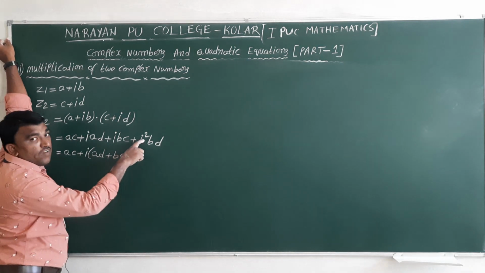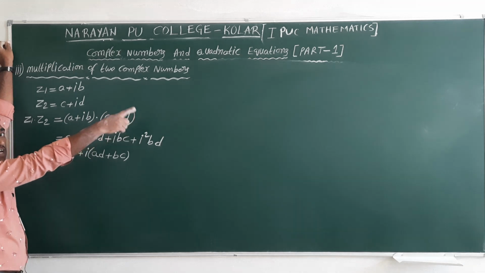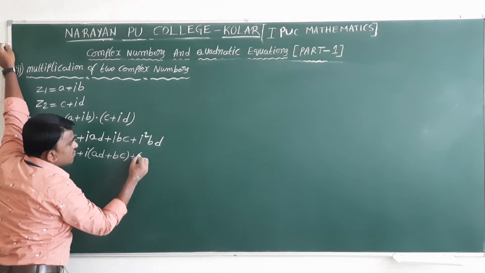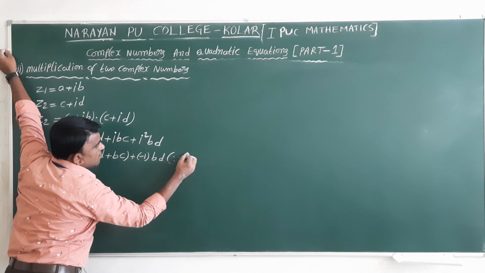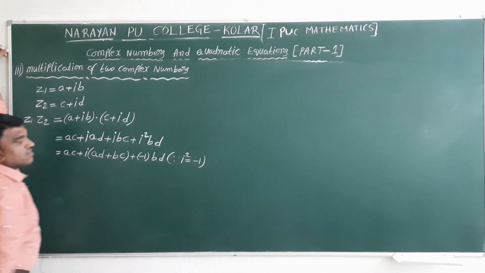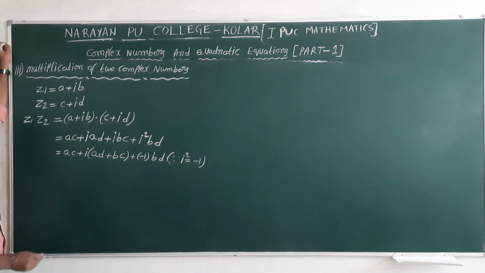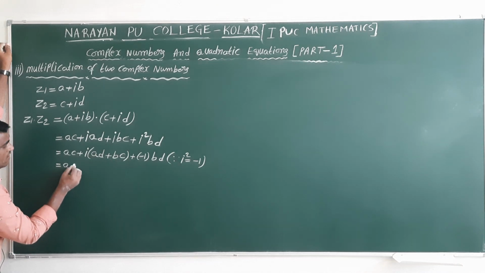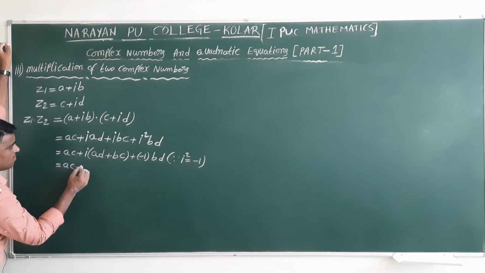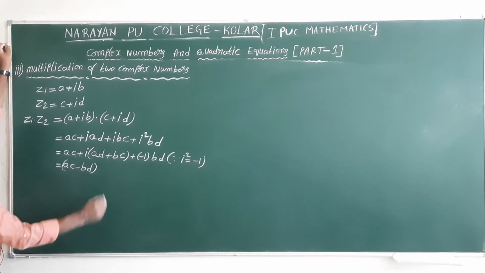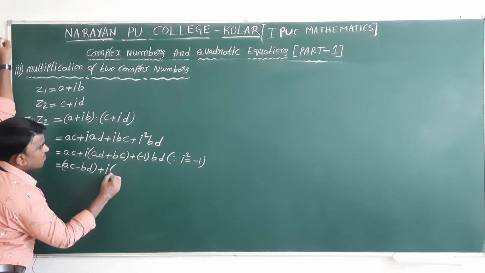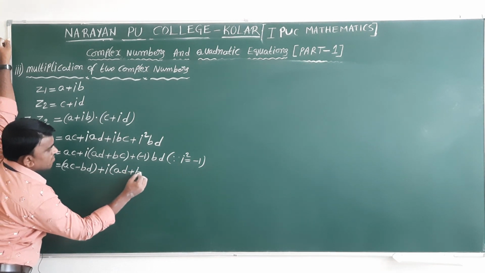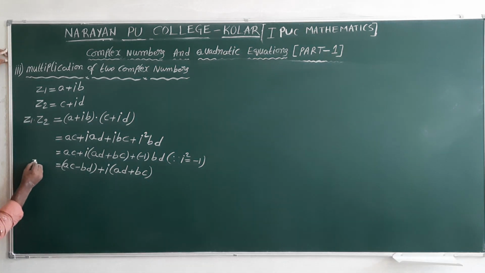We know the I square value; by the definition of iota, I square value is minus 1. So remember, I square value is always minus 1. So AC minus BD is the real part of Z1 into Z2, plus I into AD plus BC. This is the multiplication of two complex numbers.